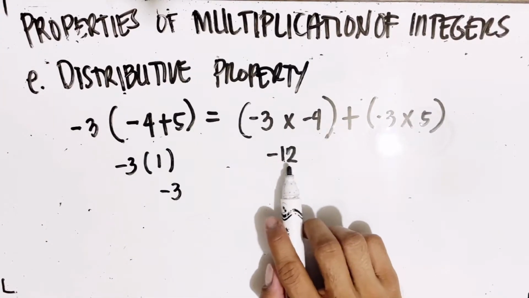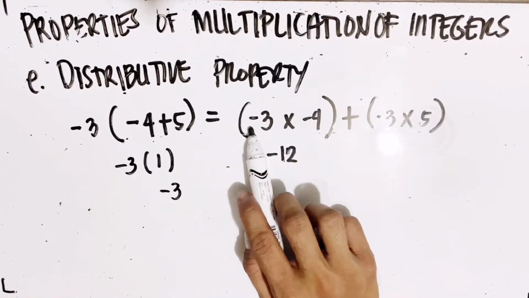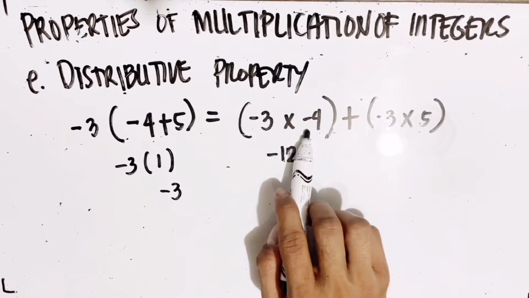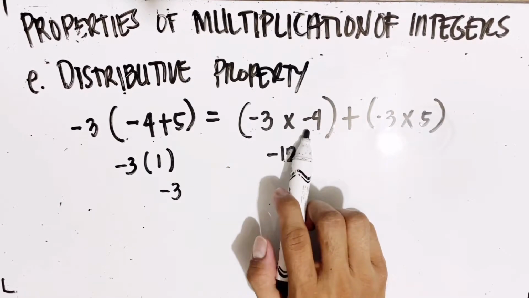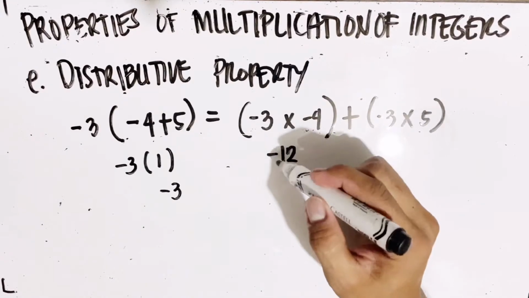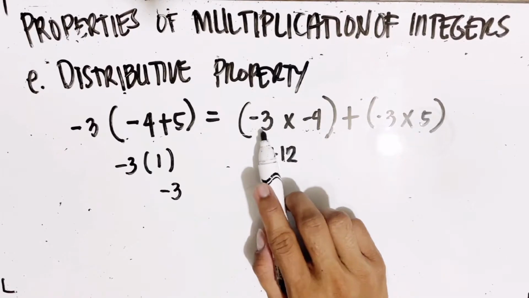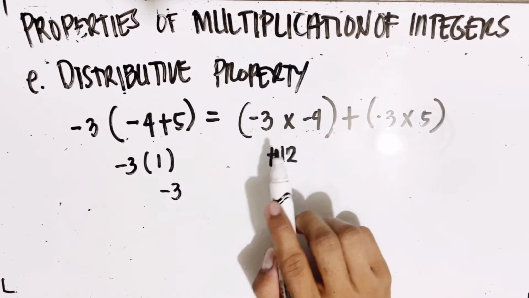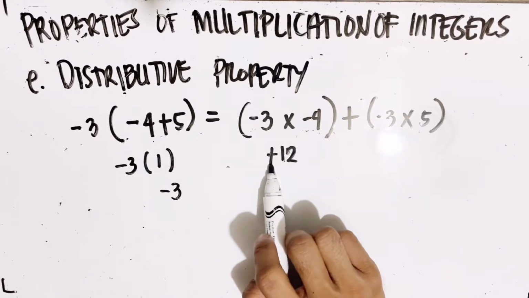So why is it negative 12? Because you multiplied the same signs or like signs. So multiplying like signs will result to a positive number. So again, negative 3 times negative 4 is equal to positive 12. So why is it positive 12?